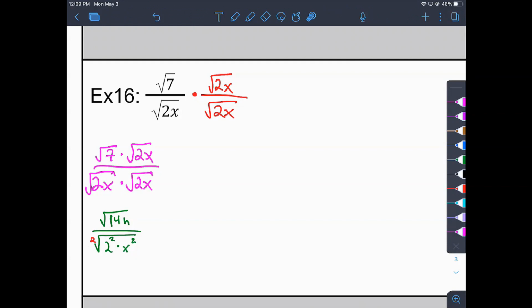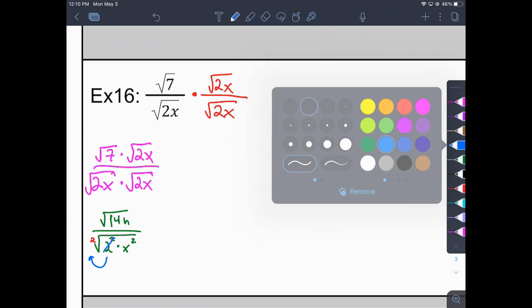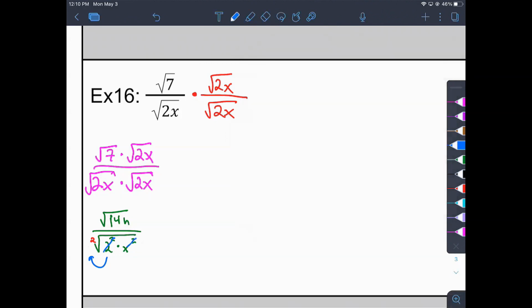And then, hey, my exponent matches my index, which means a 2 gets to come to the outside. And similarly, the exponent of the x is a 2, and the index is a 2, so they undo each other, and that means I get a single x to the outside. So in the end, I get root 14x over, well, we said we pulled out a 2, and we pulled out an x.